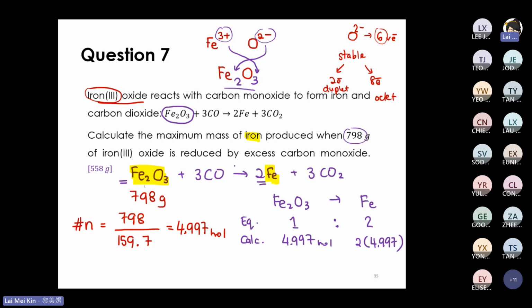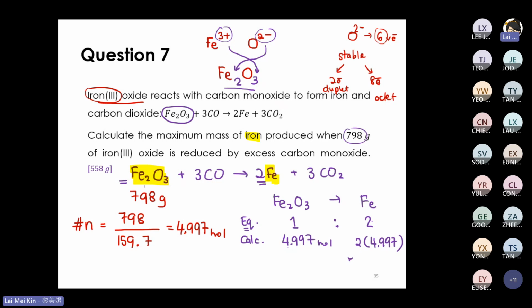So we are not talking about only the iron atom. So we must look at the whole ratio. That's why I say the ratio in the equation is 1 to 2. So if 1 is equal to 4.997, 2 will be equal to 2 multiplied by 4.997.